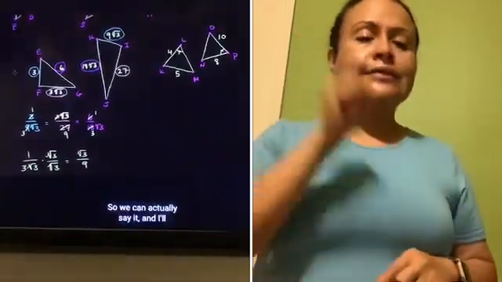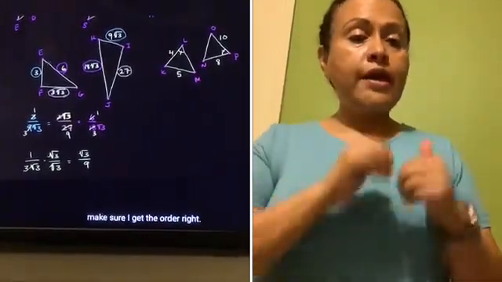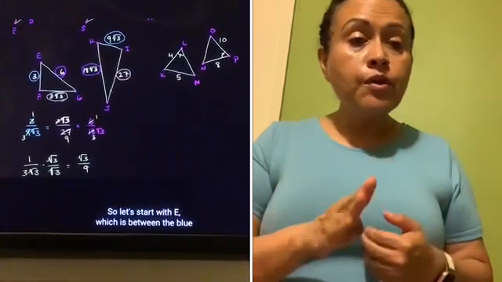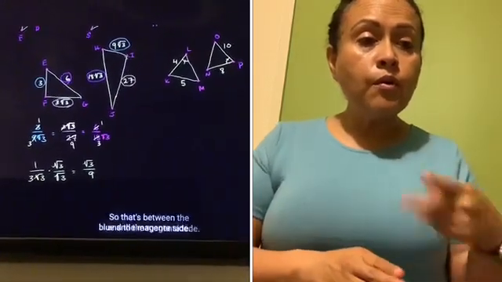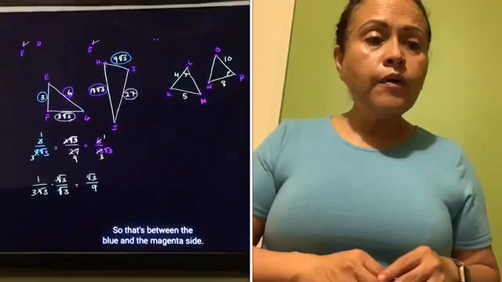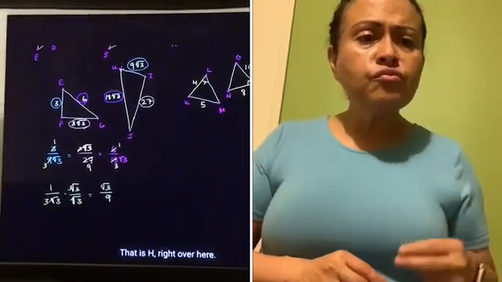So we can actually say it, and I'll make sure I get the order right. We'll start with E, which is between the blue and the magenta side. That is H right over here.